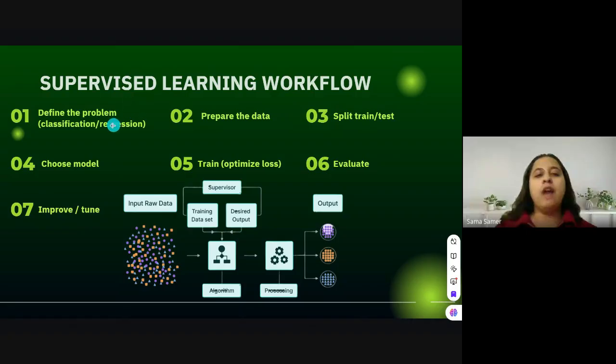First of all, we have to define the problem, either classification or regression. Then prepare the data using the methods that we covered in the last session, or other methods that will enhance your data preparation. Third thing is to split the data into training and test sets. Why do we do the splitting? It is very bad for the model to have the whole dataset in training and then test on the whole dataset.